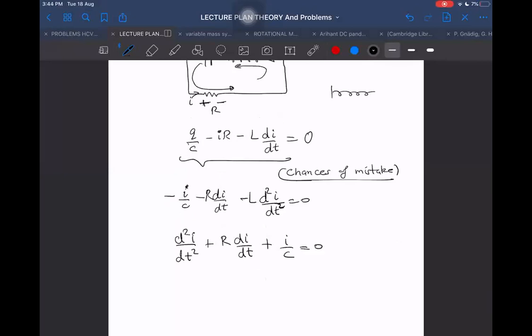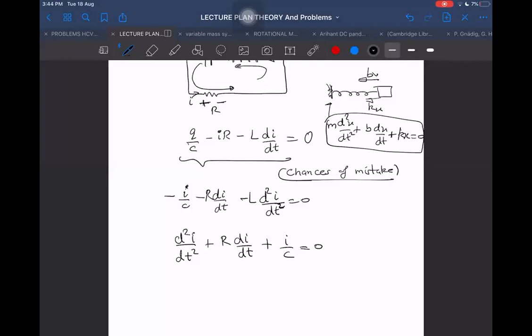When we write the simple harmonic equation with the drag force bv, kx, and mass into acceleration, I told you just remember that everything will be positive only. d square x by dt square plus b into dx by dt plus kx is equal to 0. A very simple way to remember is that everything will remain positive.